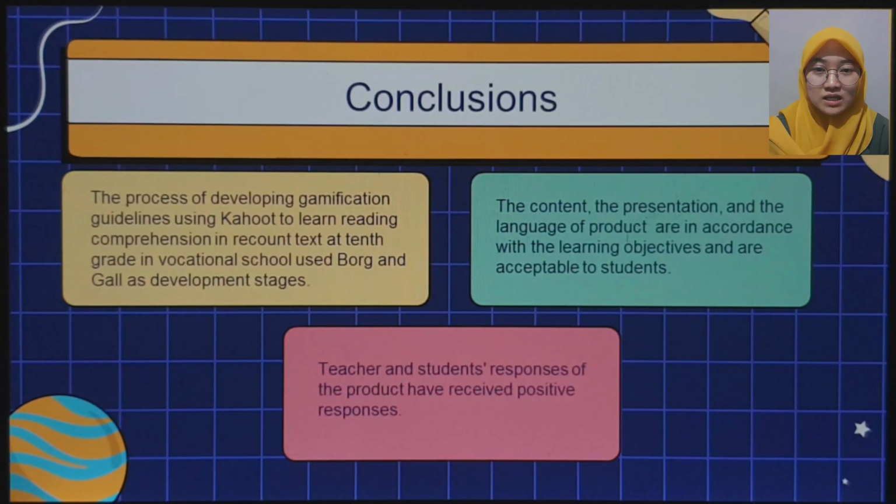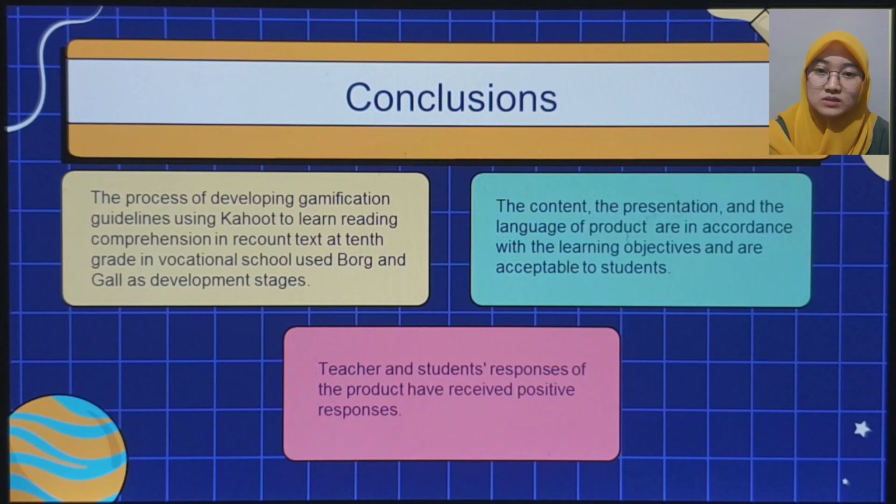Conclusion. From the research that has been done before, we can conclude that first, the process of developing gamification guidelines using Kahoot to learn reading comprehension in Recount text at 10th grade vocational school used Borg and Gall as development stages. The product starts from a preliminary study, which then makes a product draft.